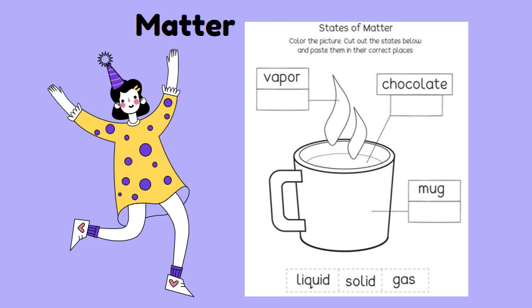So the vapor is the solid, right? What do you think? Or the vapor is liquid? Of course not, the vapor is gas. Okay, the chocolate inside the mug. It's the liquid. And the mug that we can hold and drink the yummy hot chocolate from is the solid.